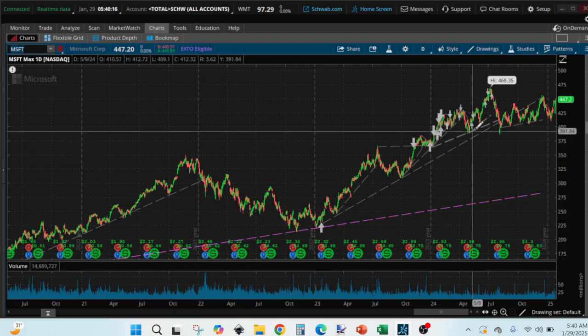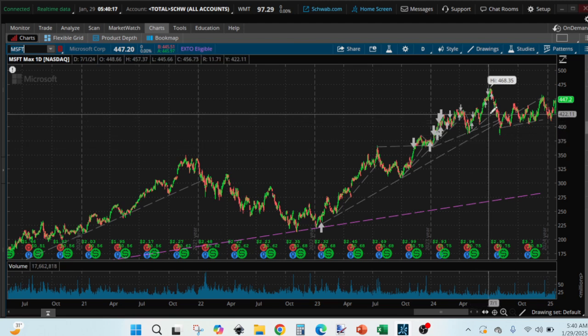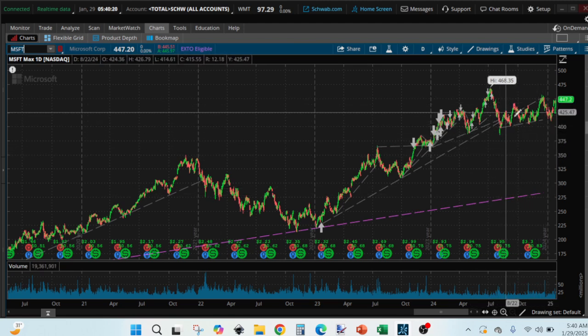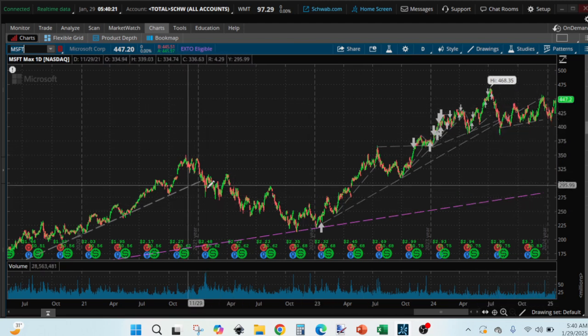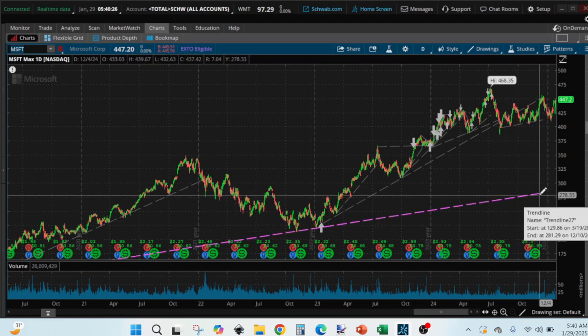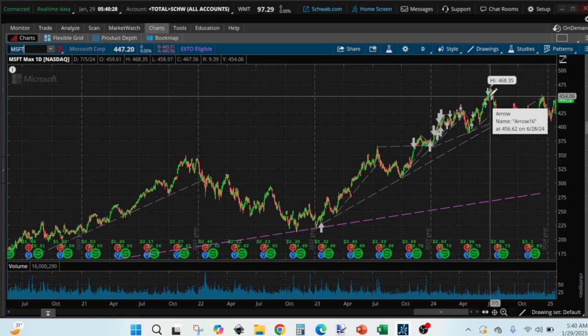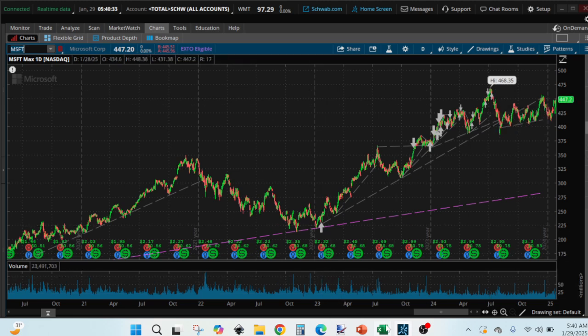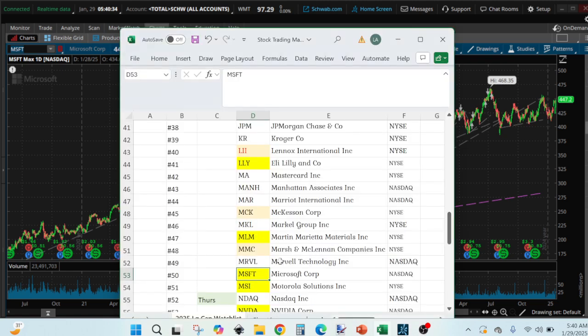It repeated it here somewhere, and then made that consolidation there, and we don't know what it's going to do next, but the next time we will buy is going to be at this trend line. In the meantime, we like to sell the ones we purchased at a positive price, so it's in the portfolio. So the next one is MSI.